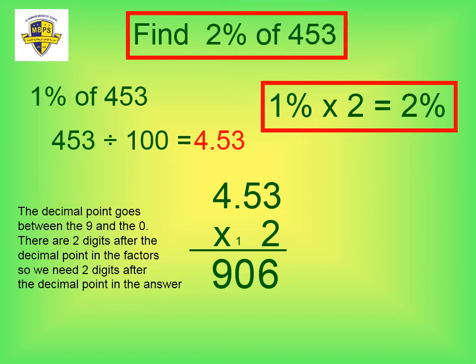No. So in the answer, we should have only 2 decimal places. We start counting from the right side, from 6. So 6, this is 1 decimal place. 0, this is 2 decimal places. And we put the decimal point between 9 and 0. So the answer is 9.06.